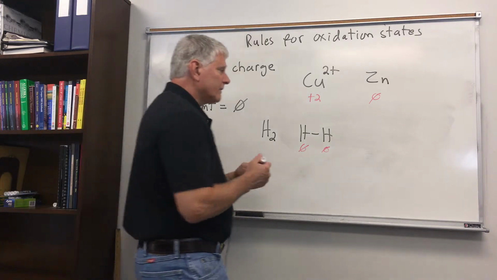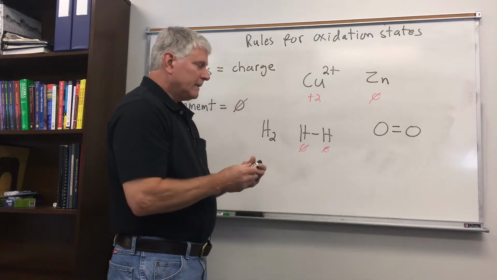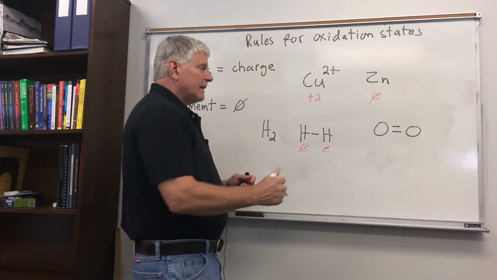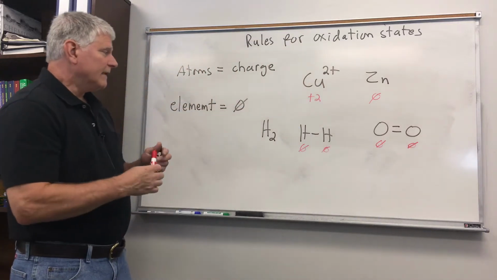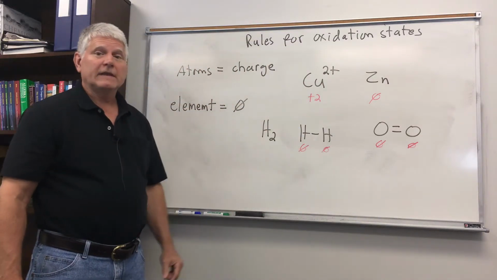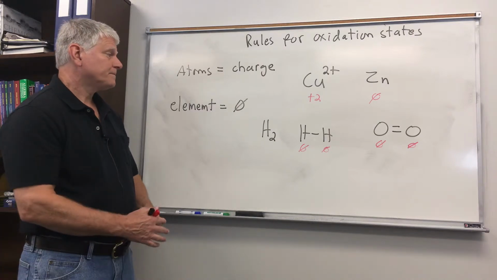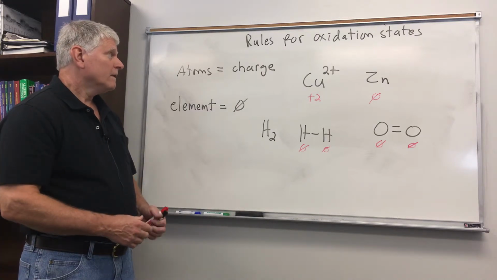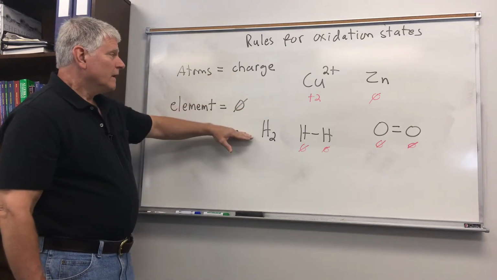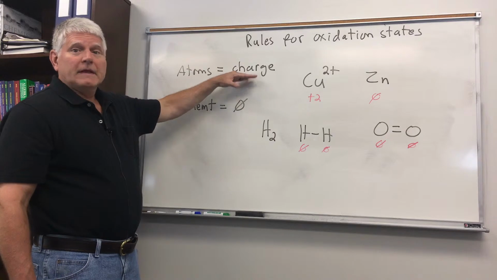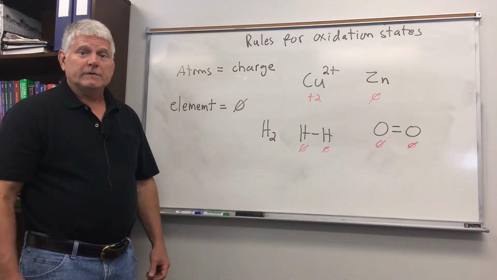If I had oxygen, O2 element, the oxidation state for each oxygen would be 0. So if I have an element, the oxidation state of each atom in the element is 0. So I would assign these two first, elements and atoms, and then go through my hierarchy for atoms and molecules.